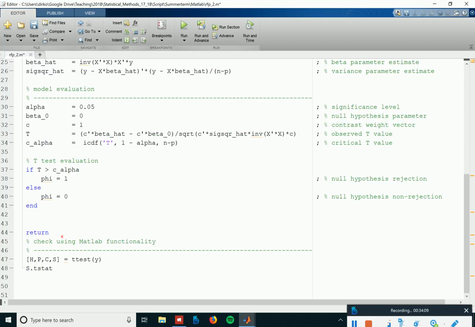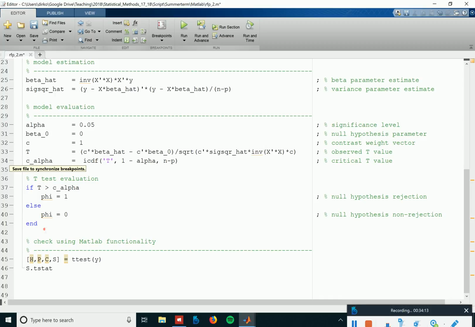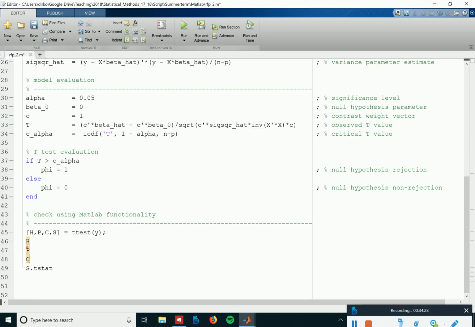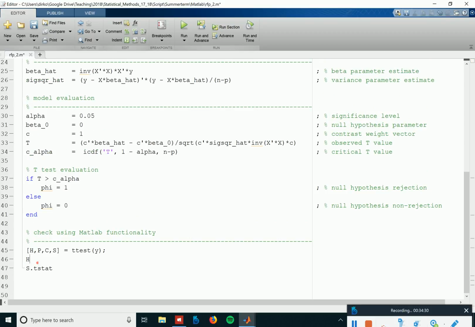Good. Maybe let's also check that. No, we don't actually need this, whether we did it the right way around.